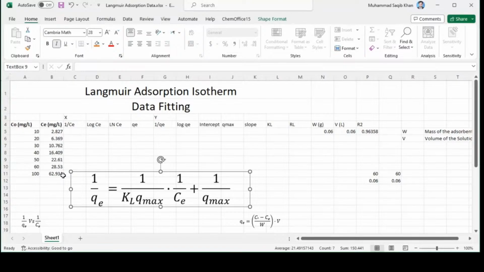The 1 over CE value will be on the x-axis, while 1 over QE value will be on the y-axis. First, the calculations of 1 over CE.